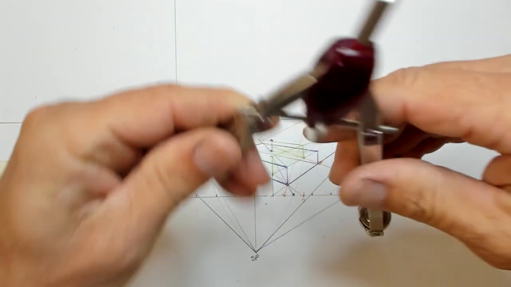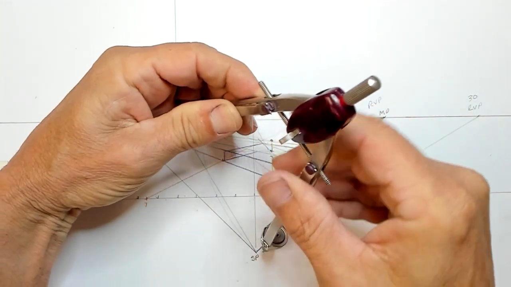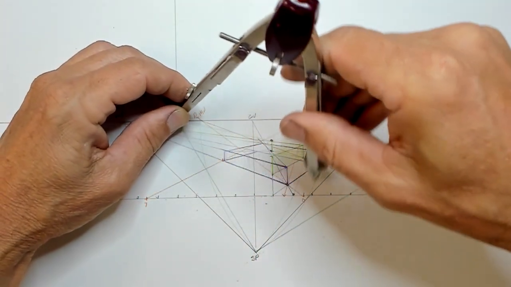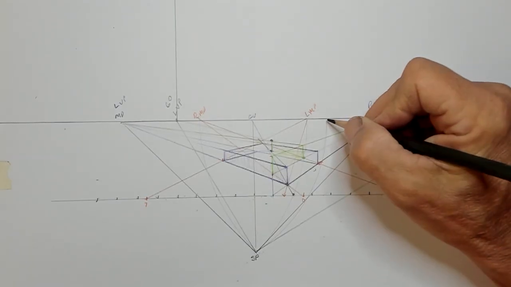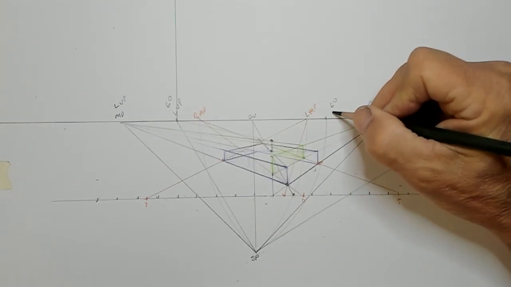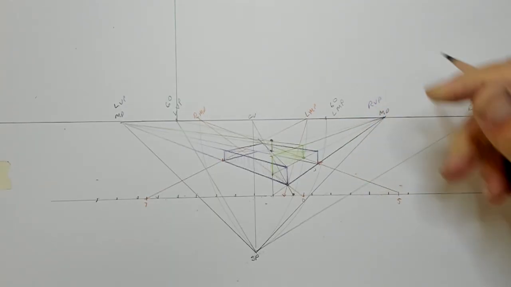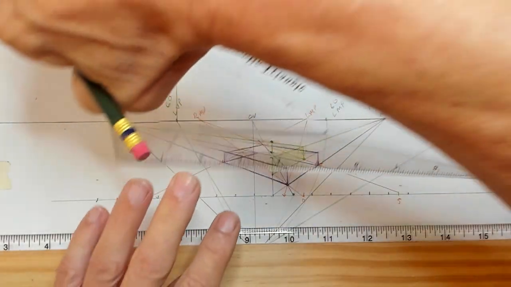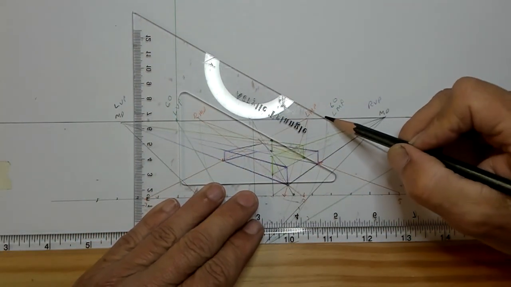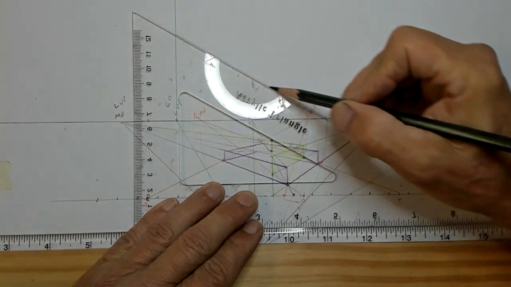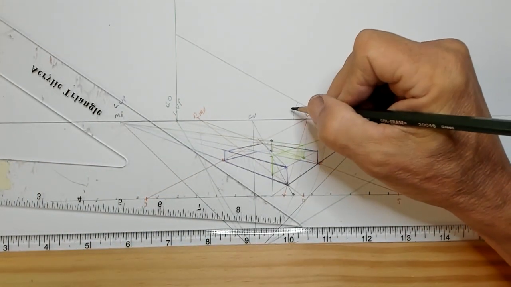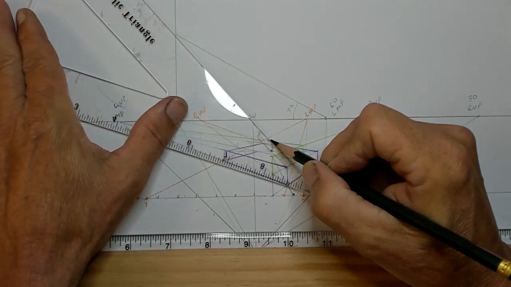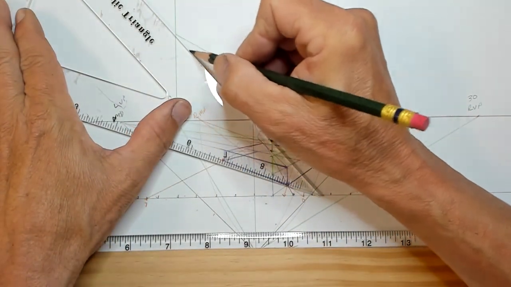So we take the distance from vanishing point to station point and swing that up to the horizon line. So this is our 60 degree left measuring point. Now if I want a 30 degree angle to the ground plane, I put my 30 degree triangle here. This goes up at a 30 degree angle.